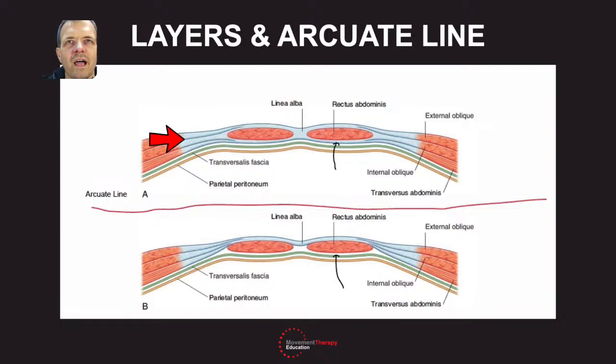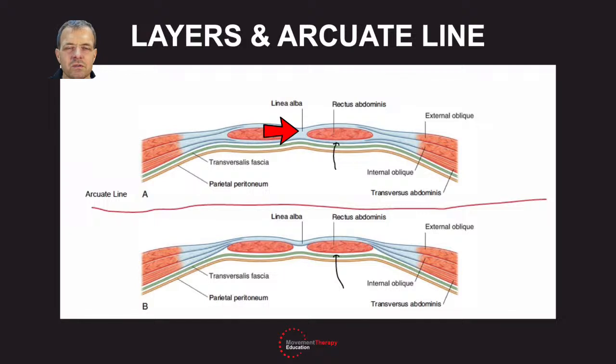Can you see this most superficial muscle has a layer of connective tissue? We were talking about that last week: an aponeurosis, which is basically a very flat tendon. We'll show you a picture in a second. This most superficial muscle's aponeurosis goes over the top of your rectus abdominis muscle, attaches to the one on the opposite side and joins in the middle.